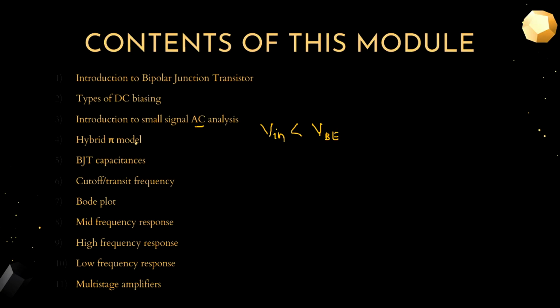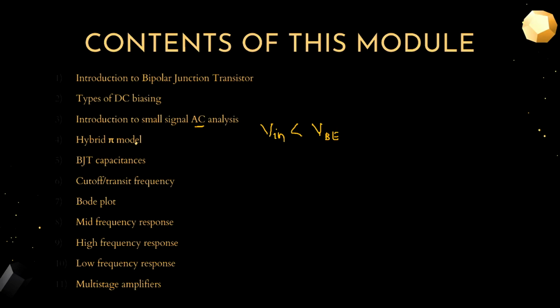So we'll also be learning in detail about what the capacitances present in a BJT are and how they affect our analysis. After that, we'll learn about the Bode plot, what type of graph we use for the Bode plot, and how it helps us look at the voltage gain with respect to the frequency of the voltage that is being applied. Then we learn how in AC analysis the voltage gain changes with respect to the frequency.